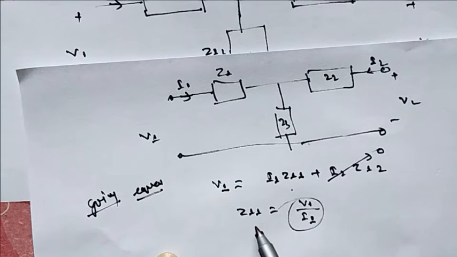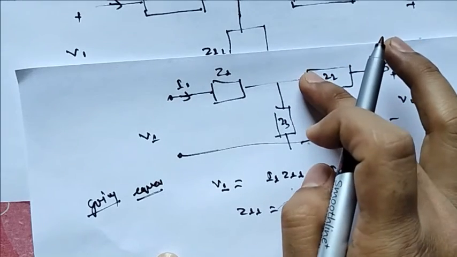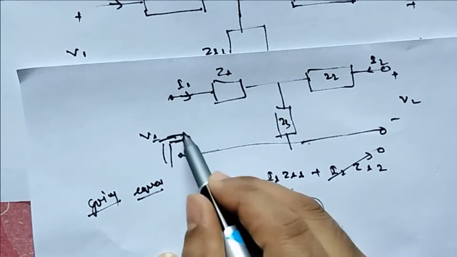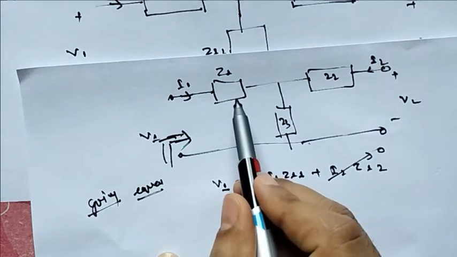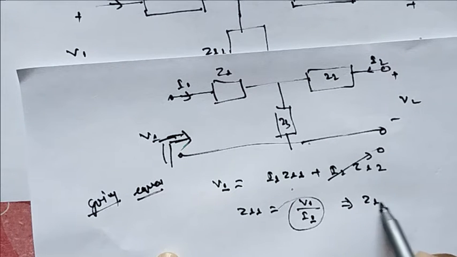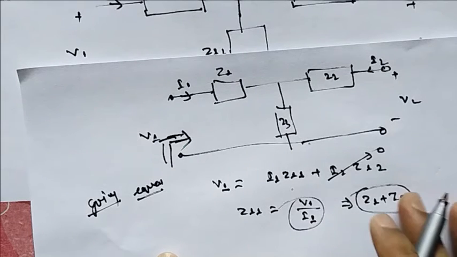When this is open circuit, then this branch will not come into effect. And if you see the impedance looking at this terminal, it is the sum of these two, Z1 plus Z3. So Z11 will be Z1 plus Z3.